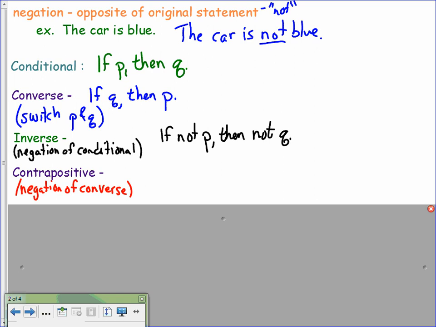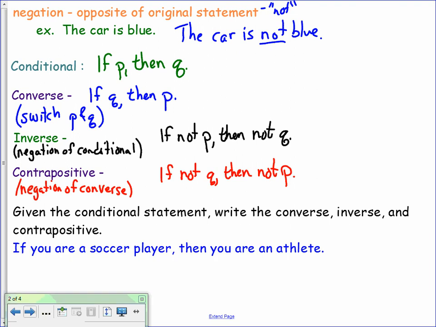So that would be if not Q, then not P. I'd like you to take a moment and try to write the statement, if you are a soccer player, then you are an athlete, and write the converse, inverse, and contrapositive of it. So take a few minutes and see if you can do that.